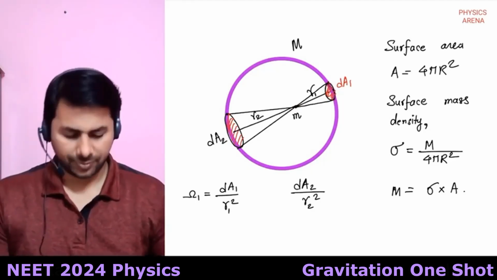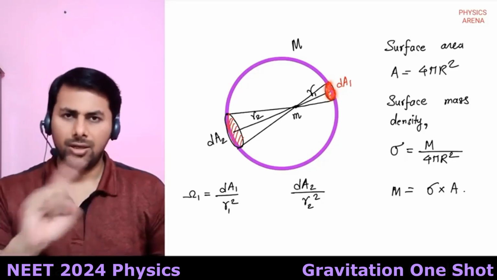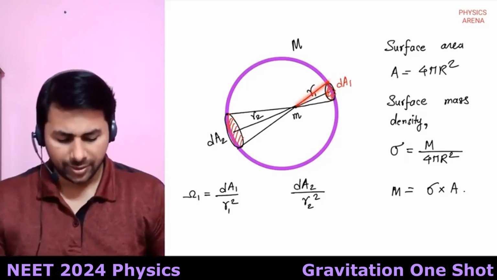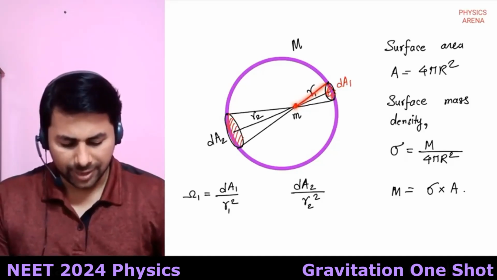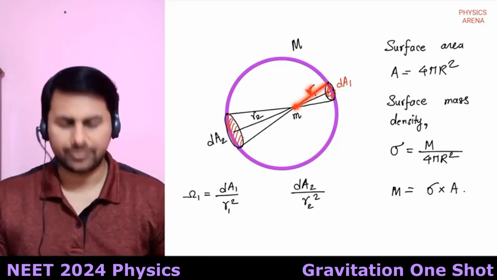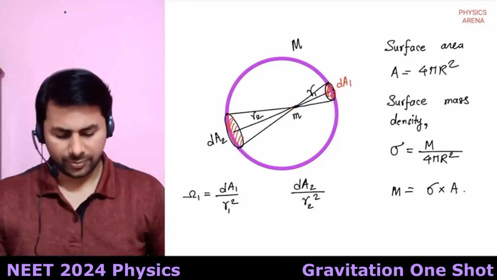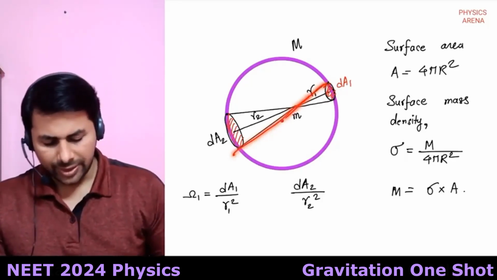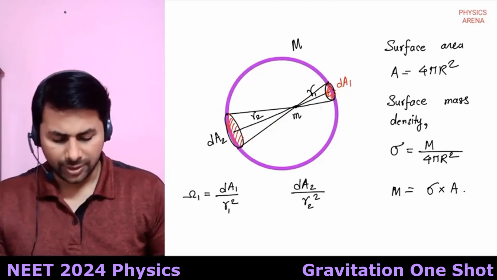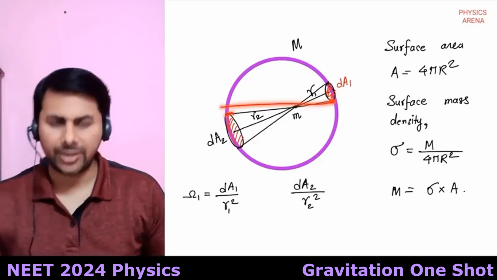Join the boundary of the area with this mass, with this point. So suppose this mass is at distance r1 from this area. Now you extend that r1, you extend this line, you will get this point.